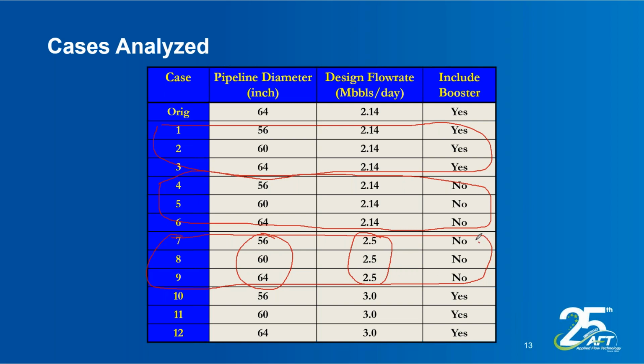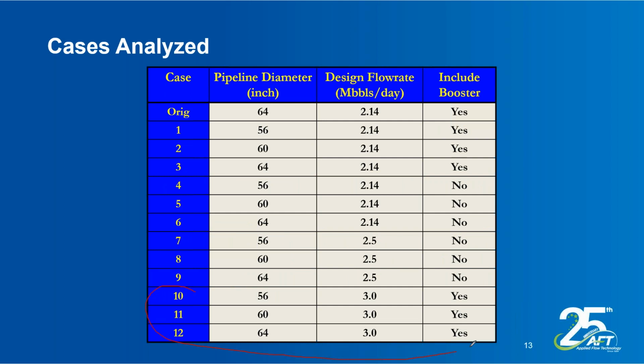But initially, they were going to try and see if they could accommodate this built-in flow capacity without booster pumps. In the end, they actually did need booster pumps for this higher flow rate, as well as the design case for 10 years down the road, where the flow increased to 3 million barrels a day.